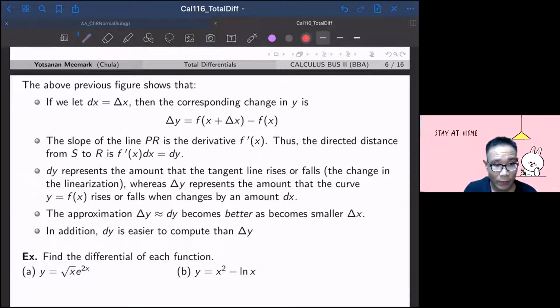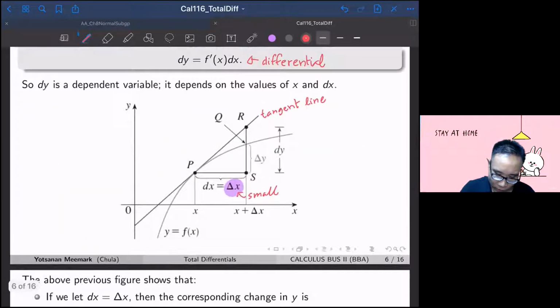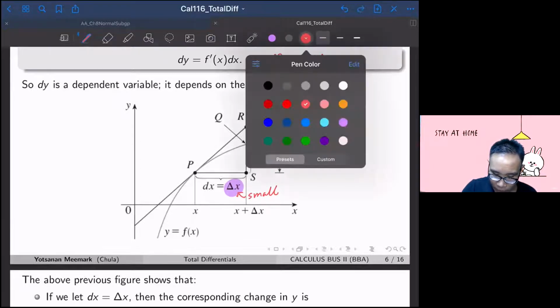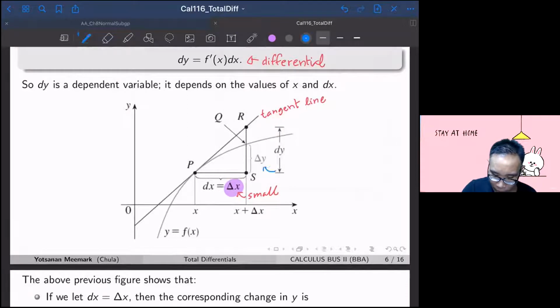equal to dy. And dy represents the amount that the tangent line rises or falls, the change in the linearization. So if you recall, this one is going to be rise, so delta y is going to be rise. This is something you recall from high school.